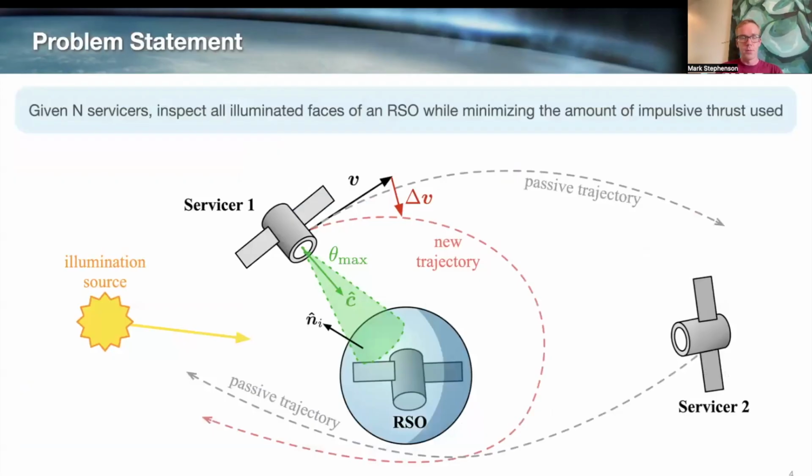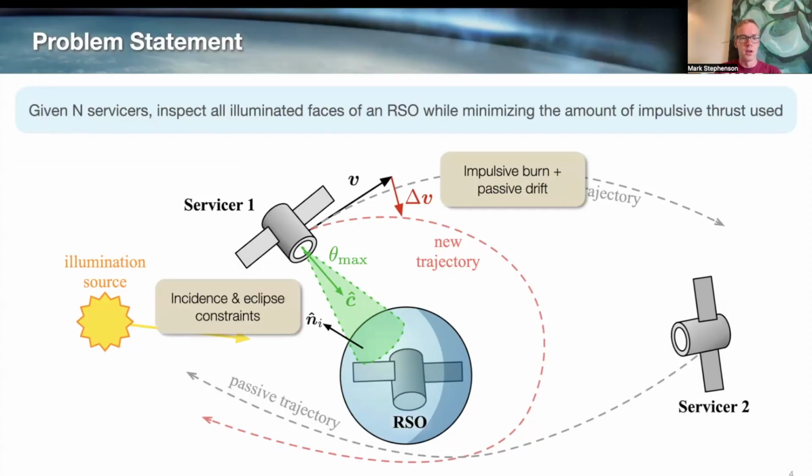So the particular problem that we're looking at here is, given some number of servicers, we want to inspect all illuminated faces of an RSO while minimizing the amount of impulsive thrust we're using. So there's a few specifics that we're going to look at. The control scheme we're using is impulsive burns followed by passive drifts. So we really want to be able to leverage that natural relative motion as much as possible.